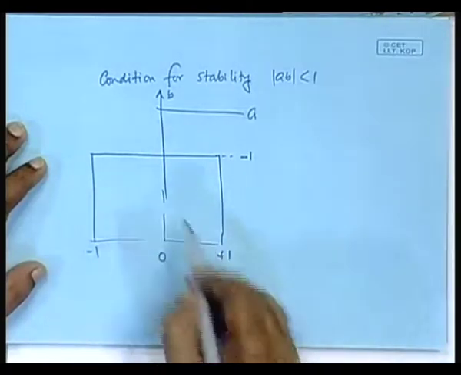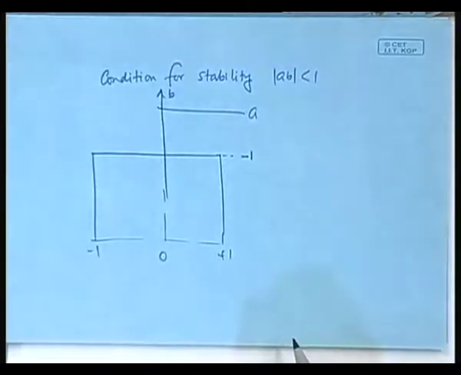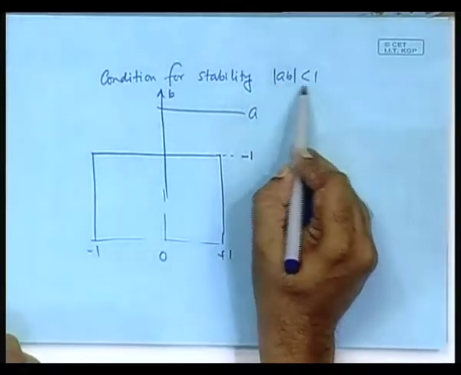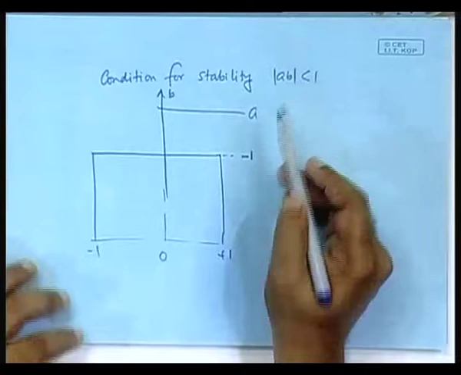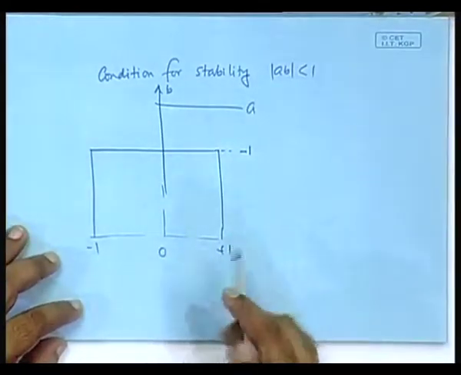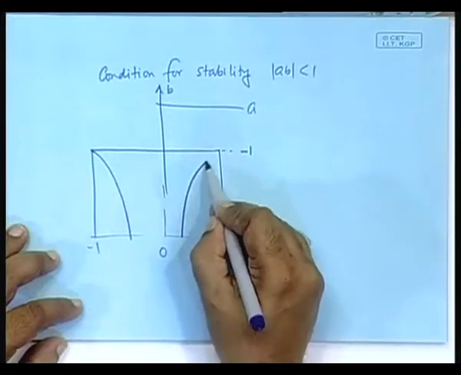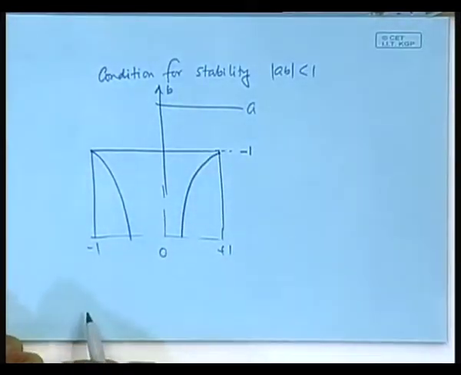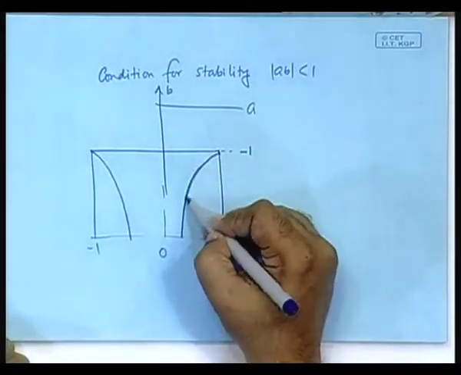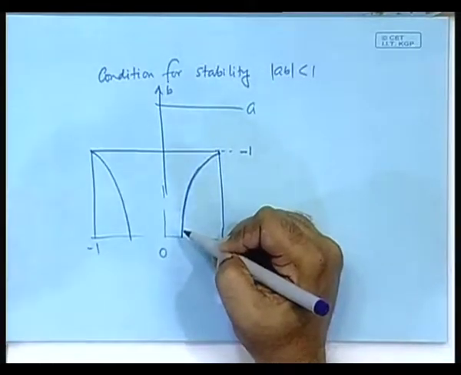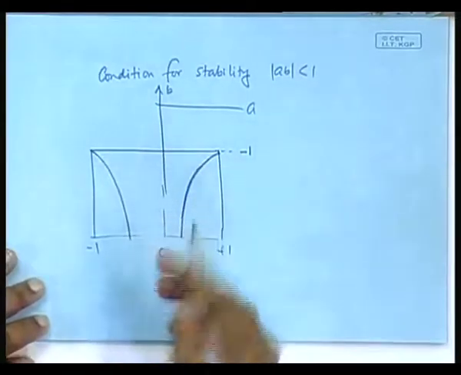So, this is a box that we are really drawing. For AB equal to minus 1, we will have two curves therefore. One will be like this, another will be like that. This will be the curve for AB equal to minus 1 and this will be the curve for AB equal to plus 1.